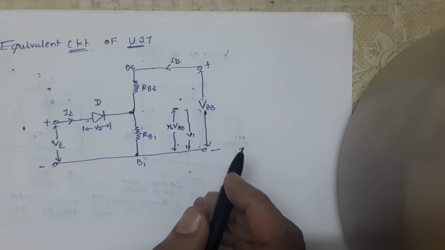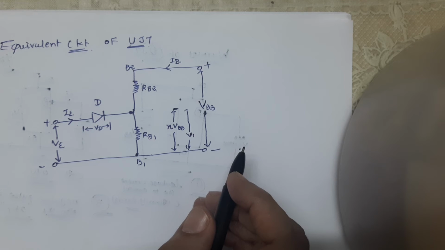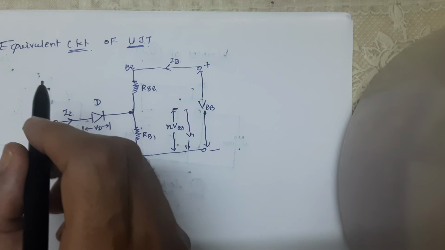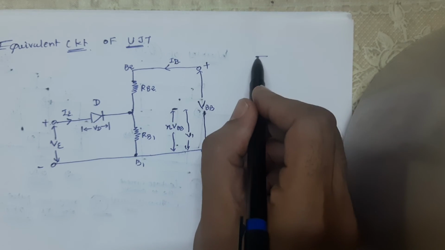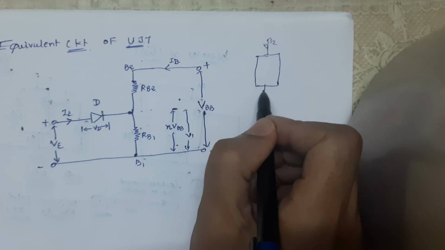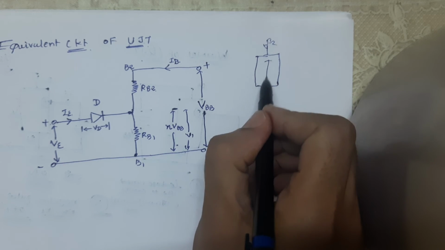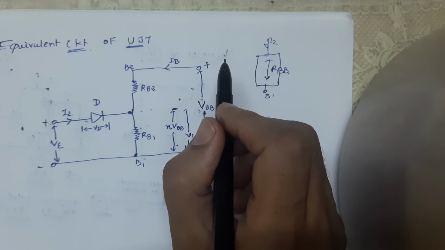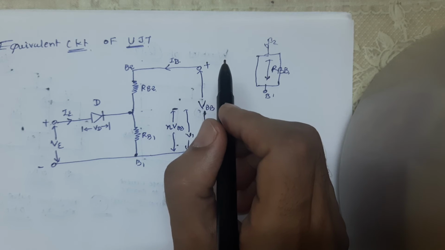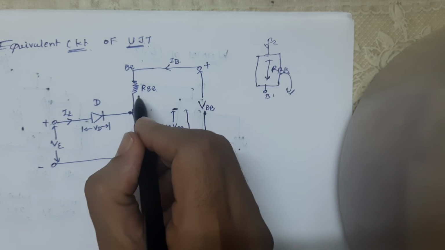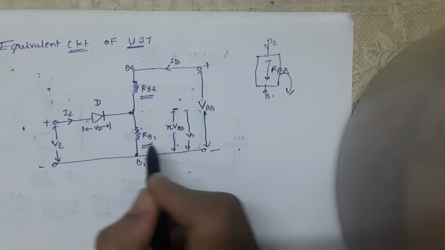This figure shows that the resistance of the silicon bar is called the interbase resistance RBB. Remember, this is our silicon bar, this is base 2, this is base 1, and the resistance in between is known as RBB. The interbase resistance is represented by two resistors in series, RB2 and RB1.